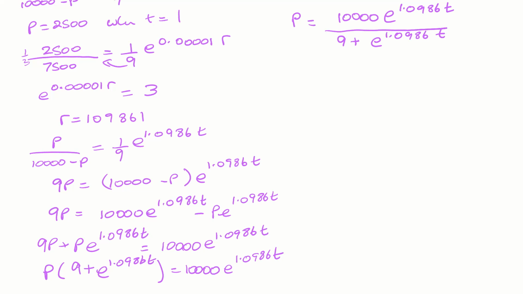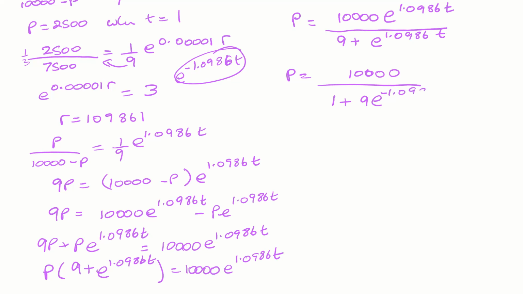If we multiply top and bottom by e to the negative 1.0986 t, then we get that P is equal to 10,000 over (1 plus 9e to the negative 1.0986 t), which is where we normally leave these things, in that sort of form.